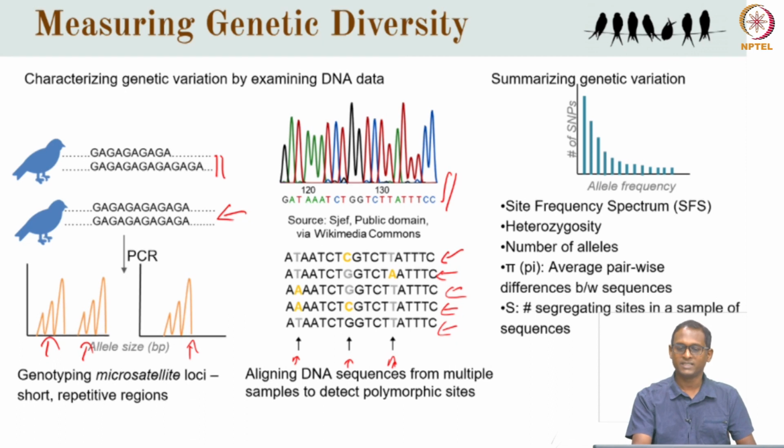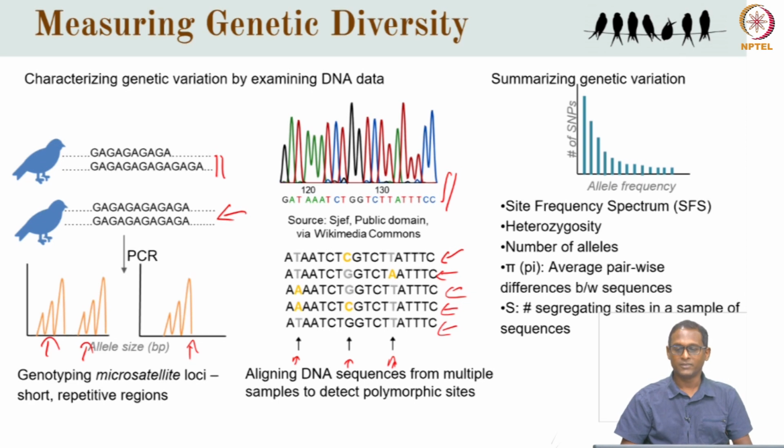So for example, here you have 2 of these which differ in 2, so that is 2, 2, and there is 1 that differs in 1, so that is 1, 1. So that would go out here, and you can look at a similar site frequency spectrum and understand how alleles are distributed across this population.